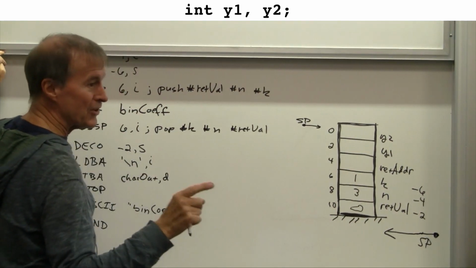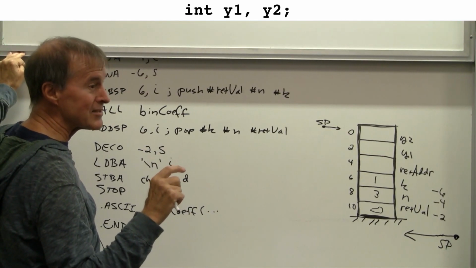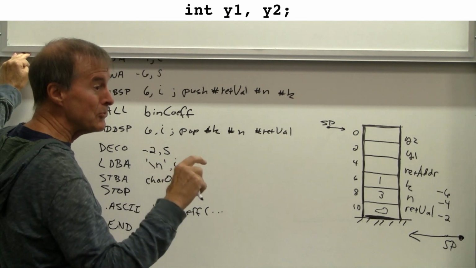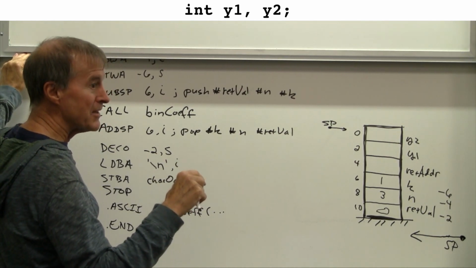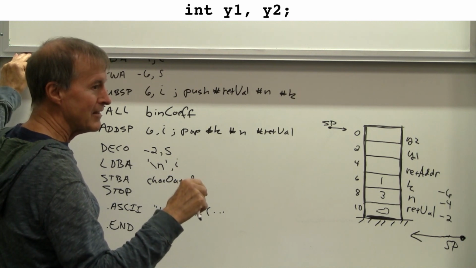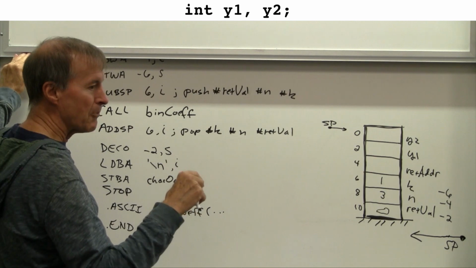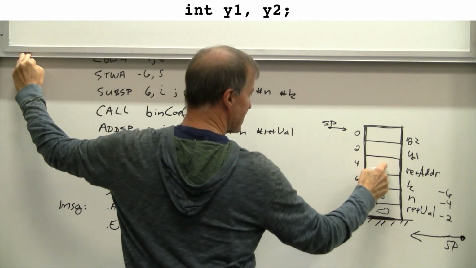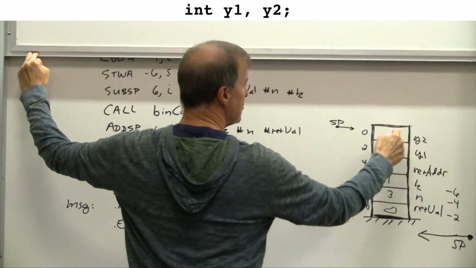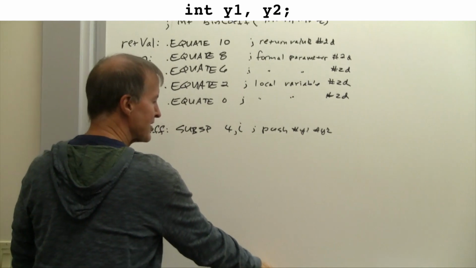In fact, if you look at the RTL specification of the call, SP gets SP minus 2, and then mem of SP gets PC, and then PC gets operand. Are you with me? So it'll be here. So we sub 2 more, and then that gets us up to here. All right, you guys are good. This is good.